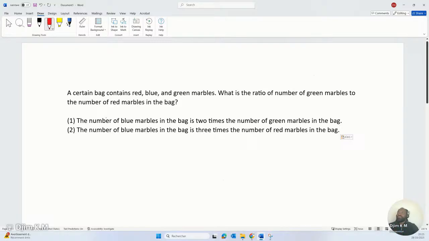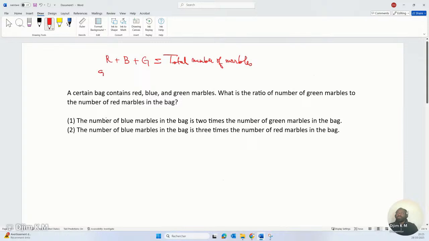So we have a certain bag that contains red plus blue plus green marbles, which is equal to the total number of marbles.